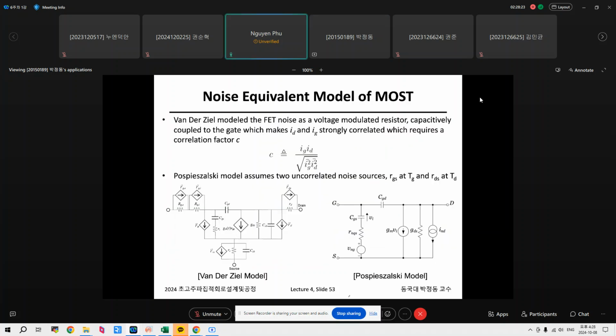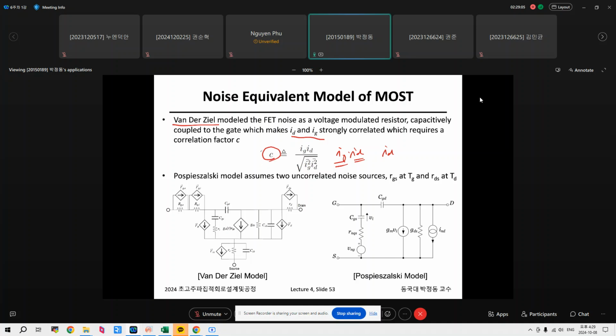Yes, Professor. Okay, so let's talk about the noise equivalent model for MOS. The van der Ziel model is very difficult to utilize. Why? Because there is a coupling factor between IG and ID. This model is based on the physical model, so ID and IG are strongly coupled and correlated, and we need to calculate the correlation factor.